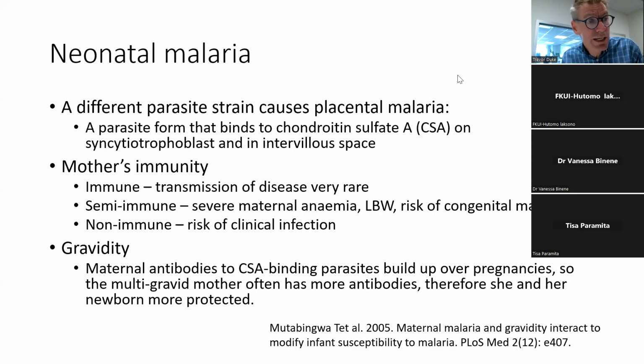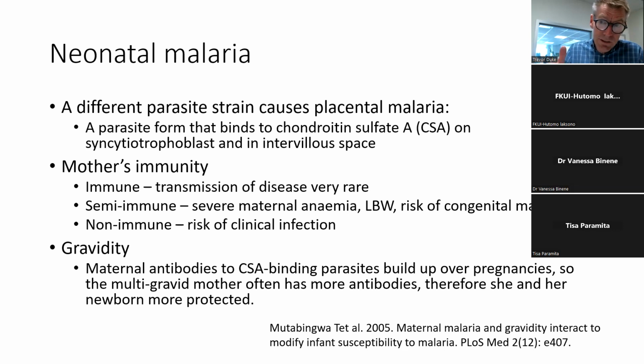One of the reasons why malaria in pregnancy is interesting is that it's a different form of the parasite that causes the infection, and it's what's called a CSA form, a chondroitin sulfate A binding form of the parasite, and there's chondroitin sulfate A antigen in the placenta, and the malarial parasites bind to that.